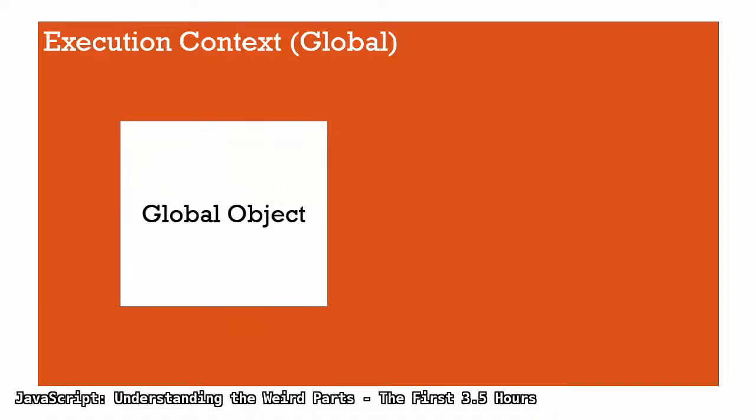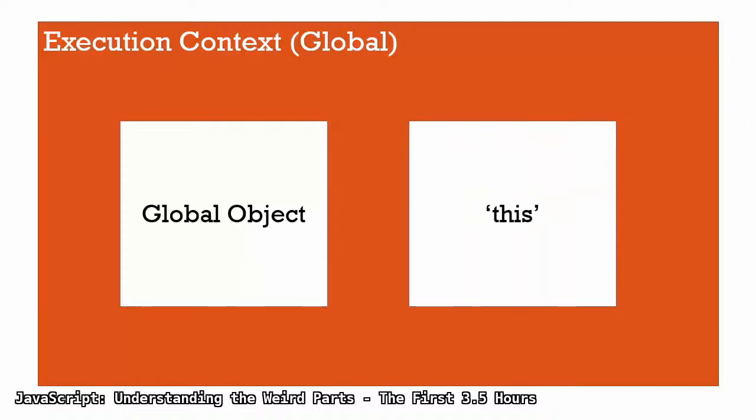It creates a global object, and remember an object is just a collection of name-value pairs. It creates this global object, and it creates a special variable for you called this. The JavaScript engine creates these two things for you whenever your code is run, because your code is wrapped inside an execution context.